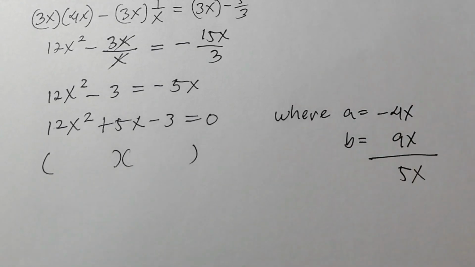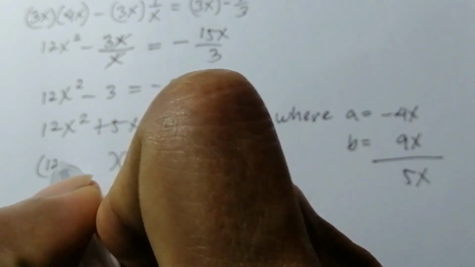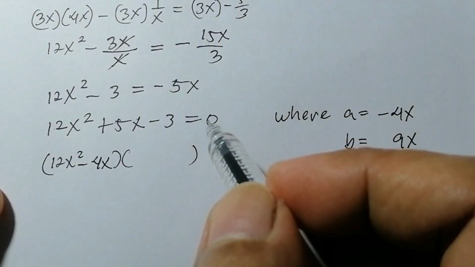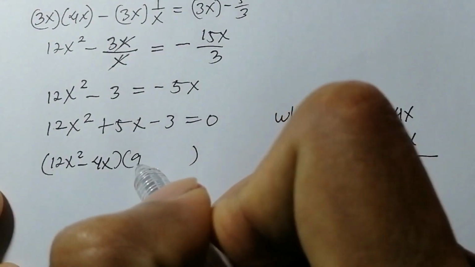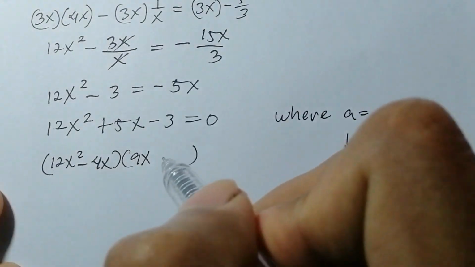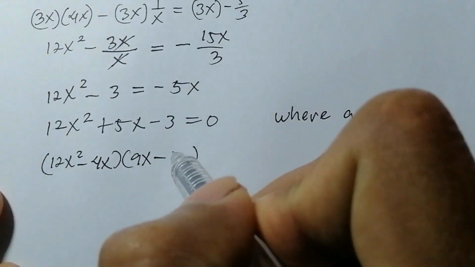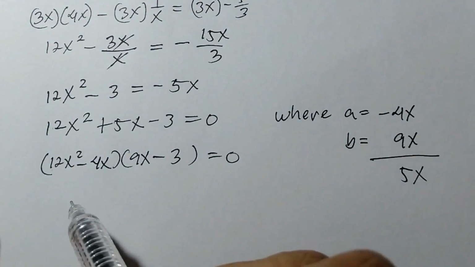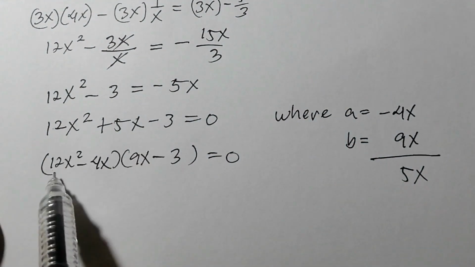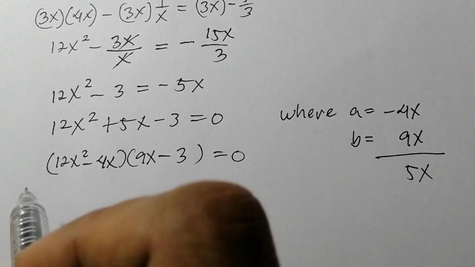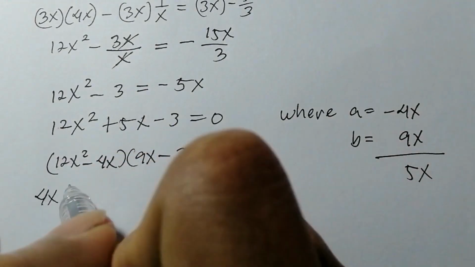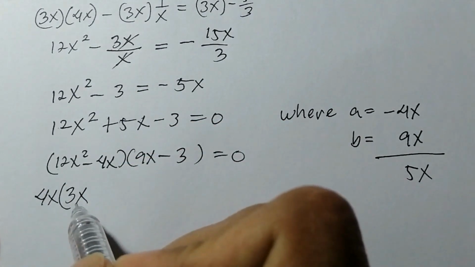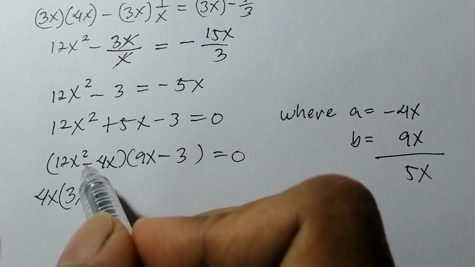So in here we write 12x squared, then minus 4x, and plus 9x, minus 3, and then equal to 0. In this case we are going to factor again. We write this as 4x times 3x, which is 12x squared, right?